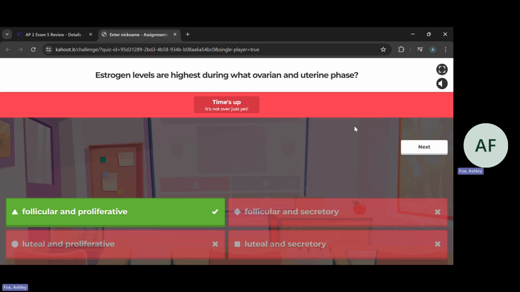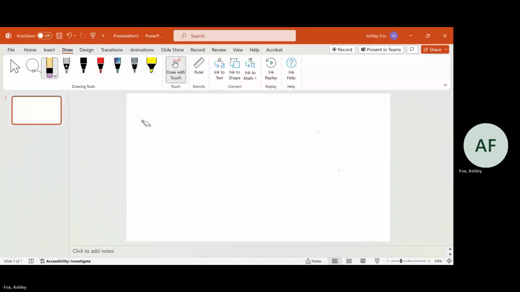Estrogen levels are highest during the follicular phase of the ovarian cycle and correspond with the proliferative uterine phase. So remember those graphs.